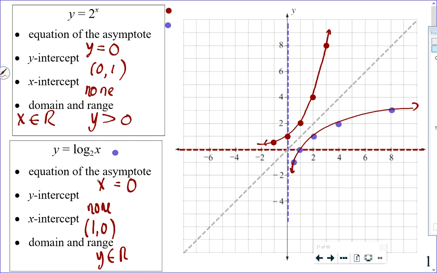And everything, by the way, in the box on the top left, we learned last week. If the range is y is greater than 0 on one function, then that becomes characteristically the domain of the inverse. I say characteristically because it's not y, it's x now. And that's it.